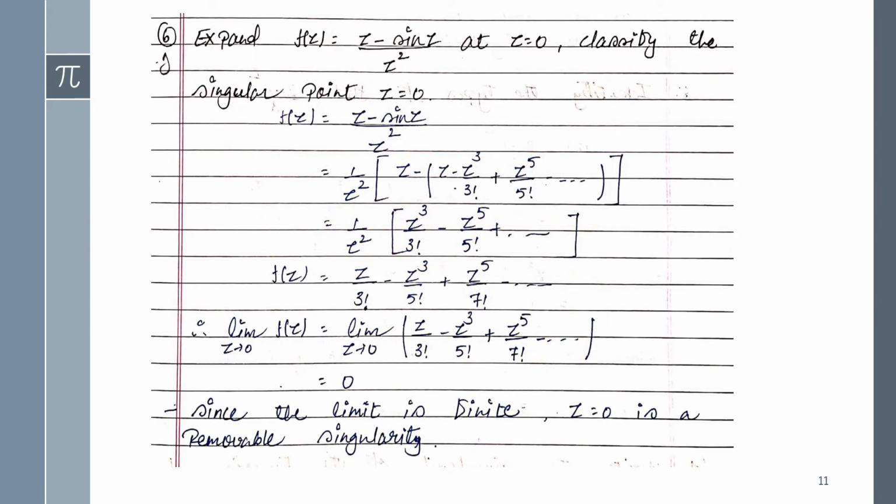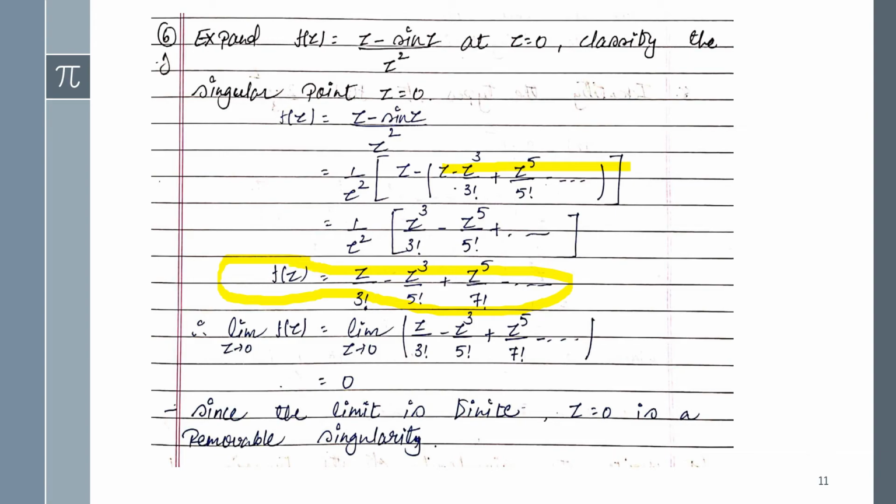Now next one, expand f of z equals z minus sin z upon z square at z equals 0, and classify the singular points at z equals 0. So again I am putting here the expansion of sin z, because of course we have the series of sin z. So I am writing here, then after simplification you will get this kind of series.